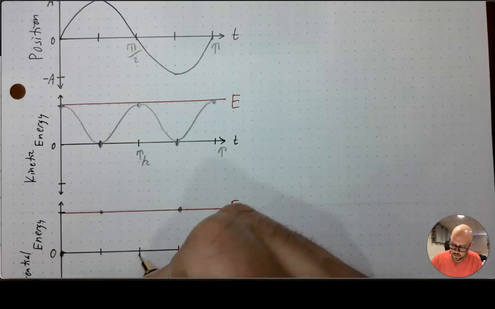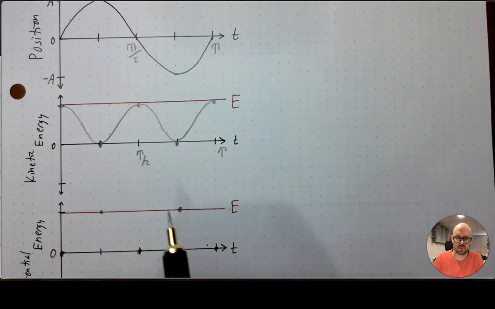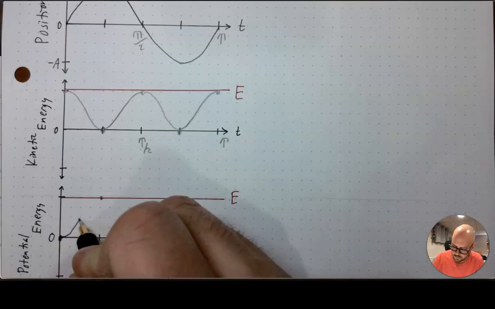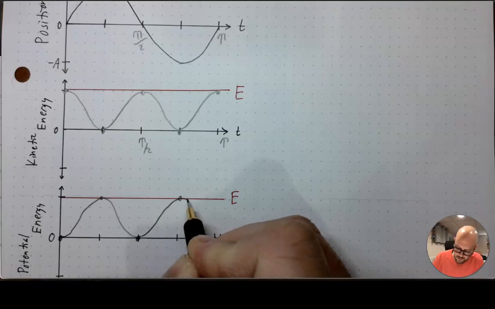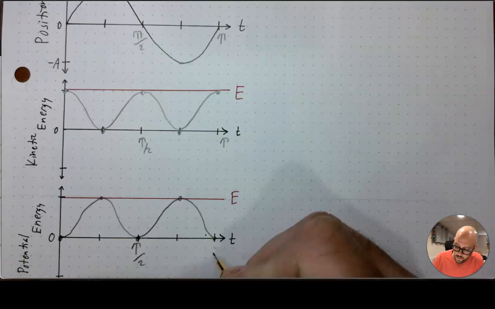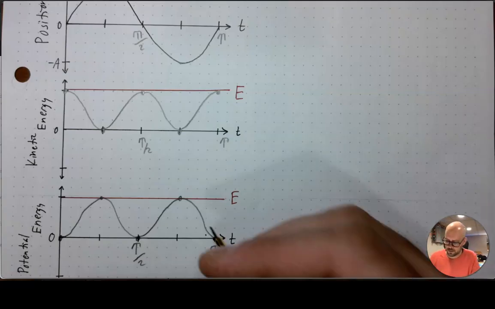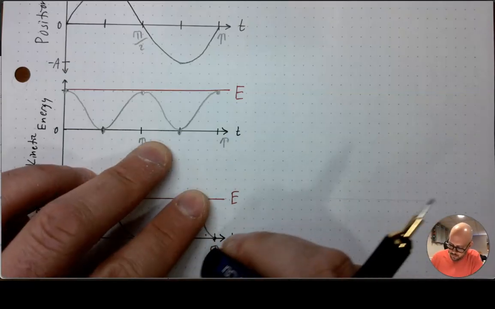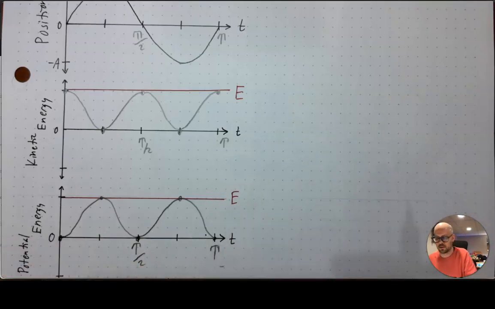And so no matter what type of potential energy it is, that's 0 of it, 0 potential energy. So we get a function that looks like this. Same deal, it oscillates at twice the rate as the position graph. And so that's not a half a period. We get 2 cycles of potential energy for every 1 cycle of the object.